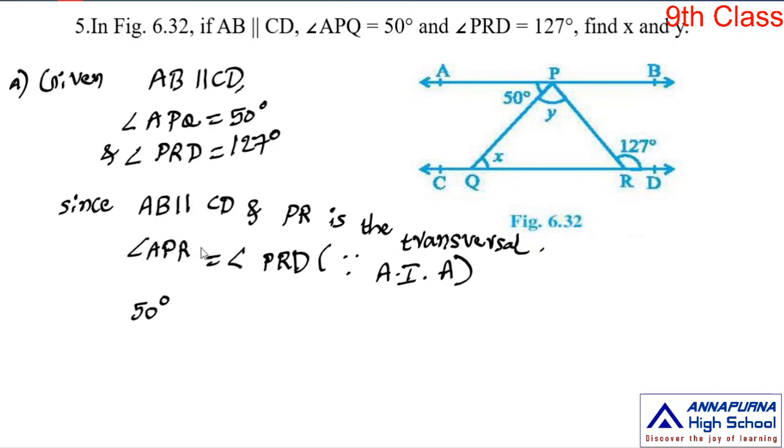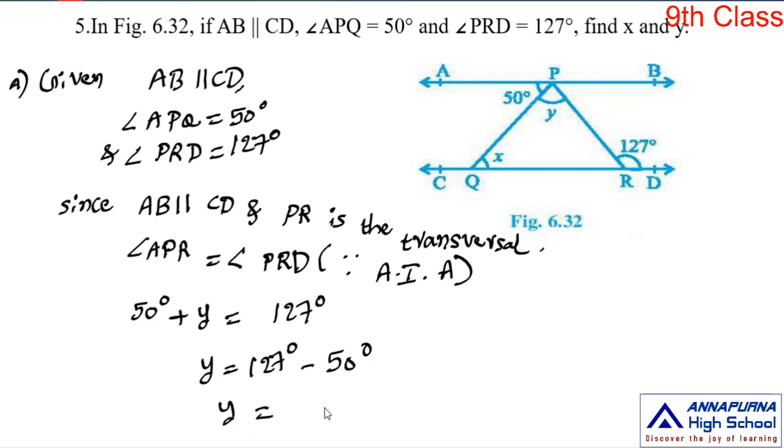Angle APR is equal to 50 degrees plus Y, which is equal to angle PRD, which is equal to 127 degrees. Transpose the 50 degrees to right side. Y is equal to 127 degrees minus 50 degrees. Therefore, Y is equal to 77 degrees.